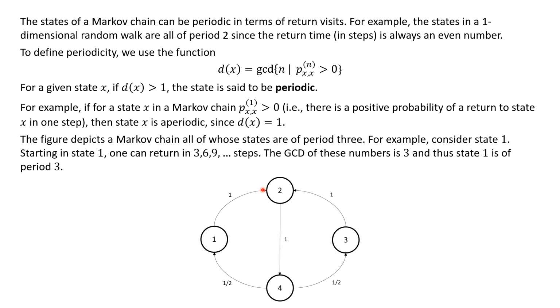Or we can do it in 6 steps or 9. So again, the GCD of the different possible return times is 3. And the same thing for 3, which I didn't go over. So each of the states in this Markov chain is periodic, and they're of period 3.